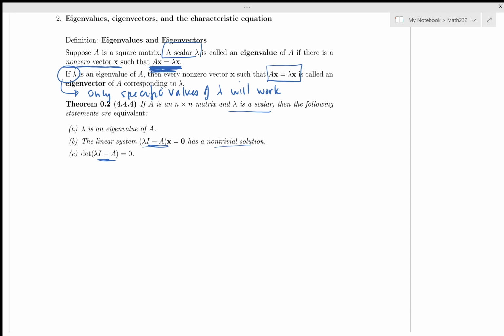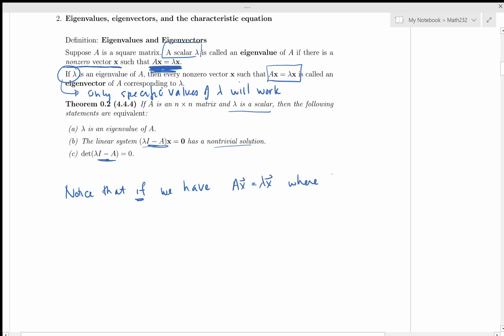Okay, so I'm just going to say a couple of things here. Notice that this won't be true for all matrices A, but say we have a matrix A that has an eigenvalue, where lambda, say, is equal to 2.